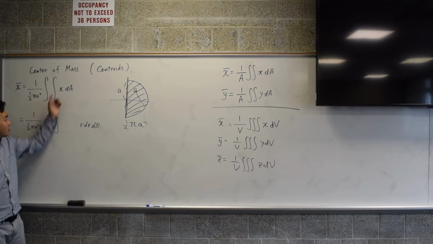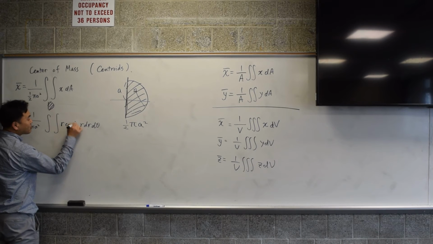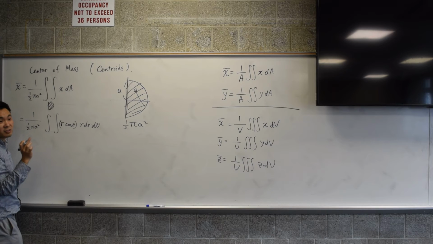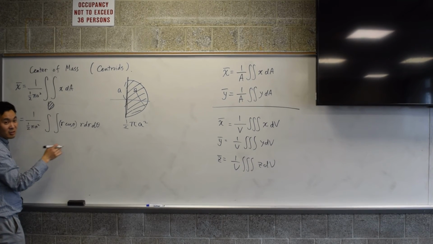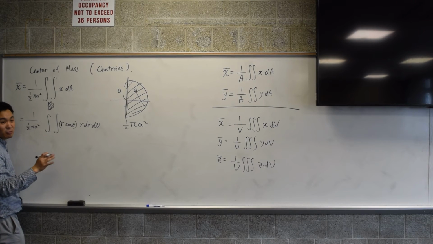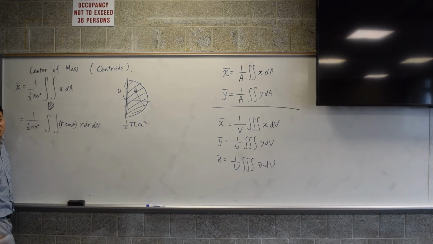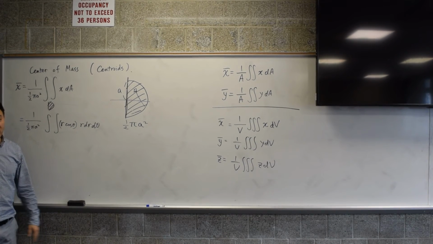How do you represent x using r and θ? r cosine θ, right? Remember, x is r cosine θ, and y is r sine θ. r squared is x squared plus y squared. θ is tangent inverse of y over x, plus or minus 180 degrees in some cases, right? These are the basic formulas that you have to know in order to convert or write down polar coordinate equations. Okay, so this is what you write.